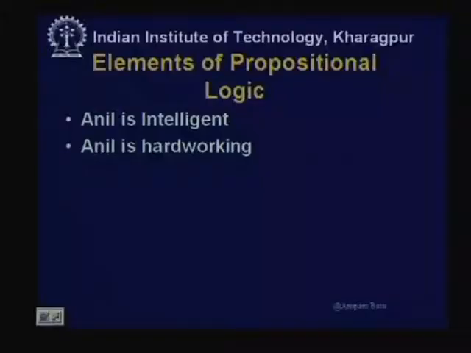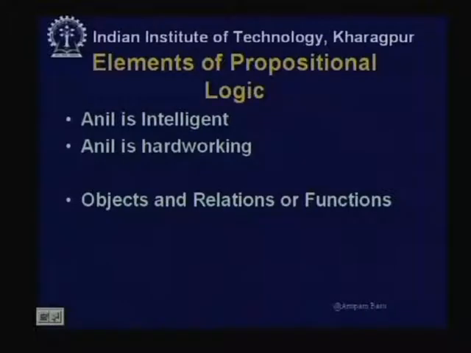Briefly speaking, whatever statements we make in our day to day life consist of propositions. Now, these propositions, say Anil is intelligent, Anil is hardworking, are constituted of objects and relations or functions.